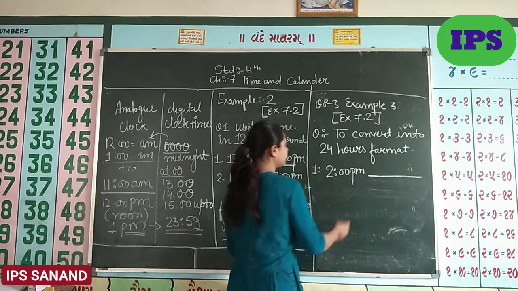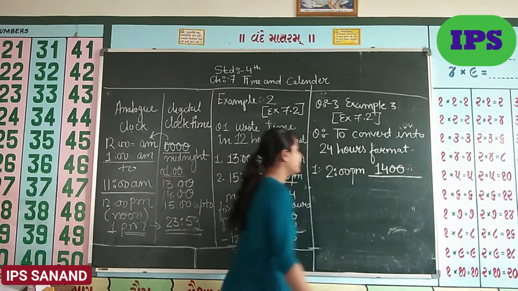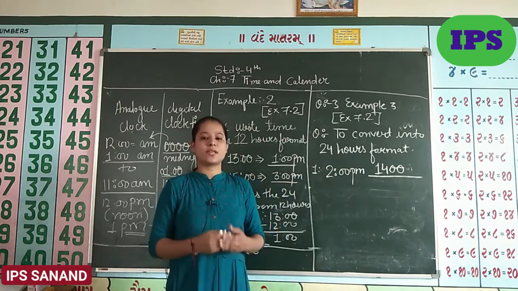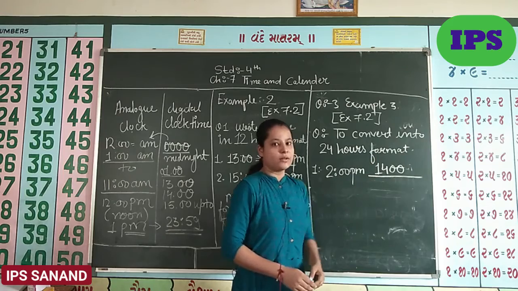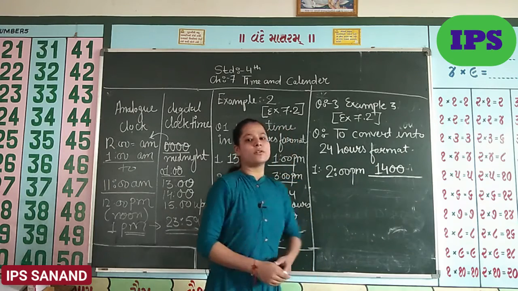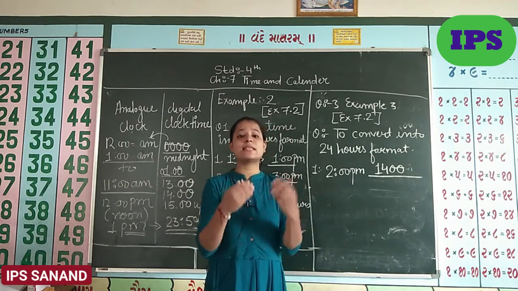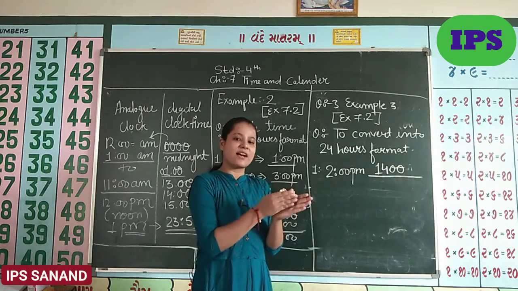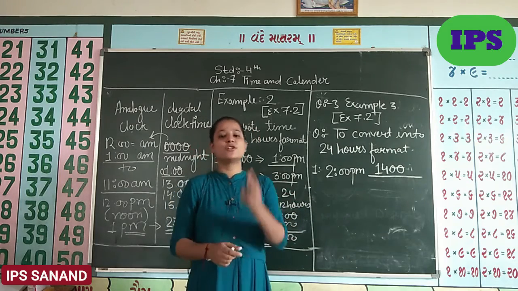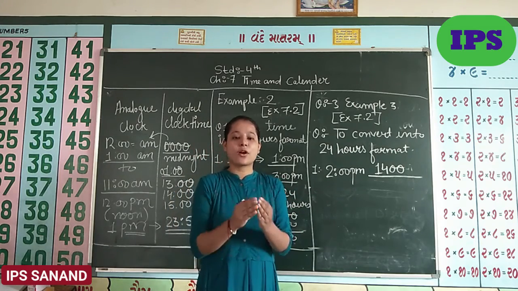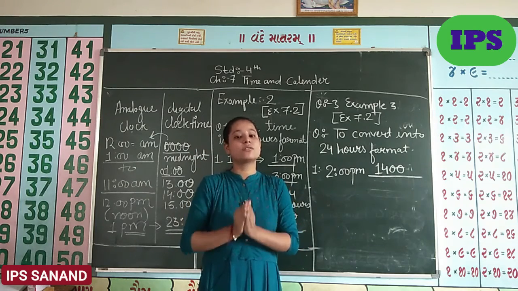So the answer will be 14. I have told you we cannot use AM or PM in 24 hours format. Okay. So how will you get to know, ma'am, that the answer is 14? What you have to do, you can easily count after 12 o'clock. In our analog clock, we have 2 rounds because our clock is divided into only 12 divisions, 1 to 12.